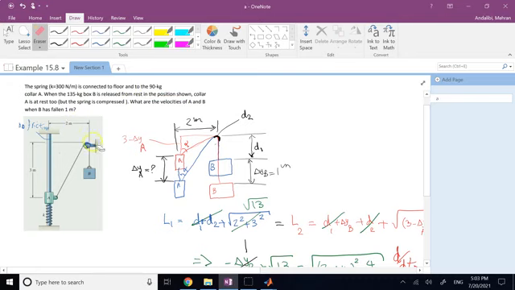What the problem was thinking, the only way that you release the system from rest and the system still moves, B goes down, A goes up, is if in the beginning the system was not at equilibrium. So please pay attention. The fact that you say it's released from rest does not imply equilibrium.